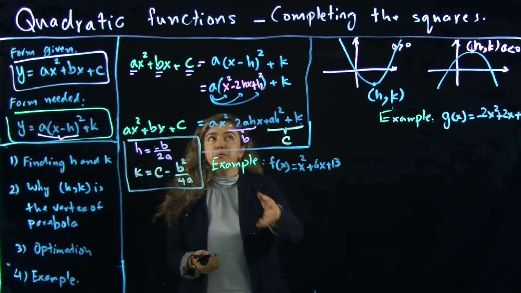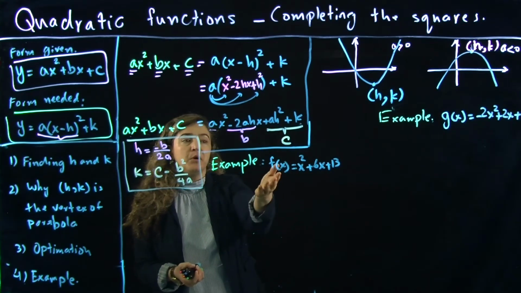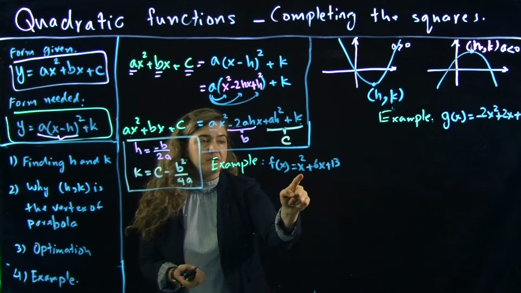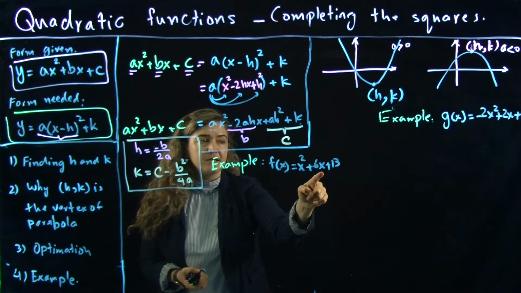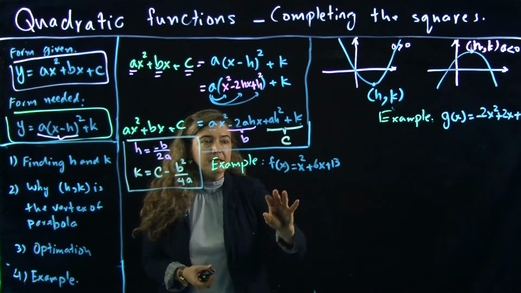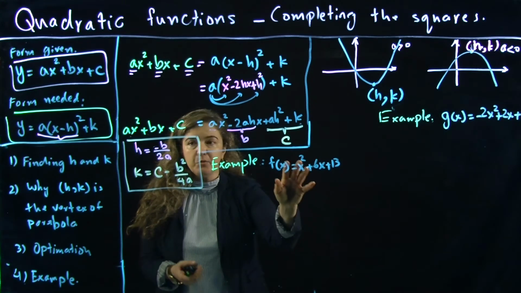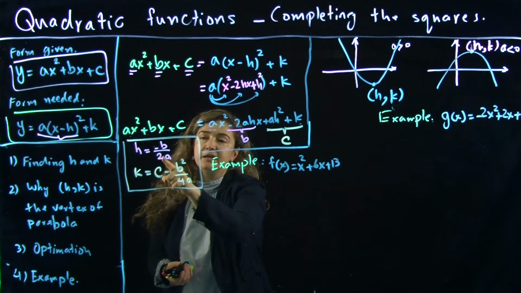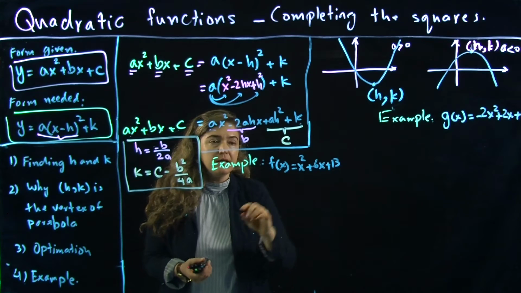So we're continuing with completing the square. Now we want to do an example. First example: f of x equal to x squared plus 6x plus 13. So how do I deal with this one? First of all, what I need to memorize is h is equal to negative b over 2a.